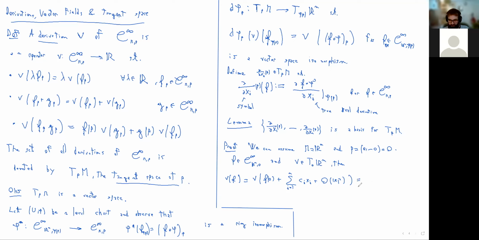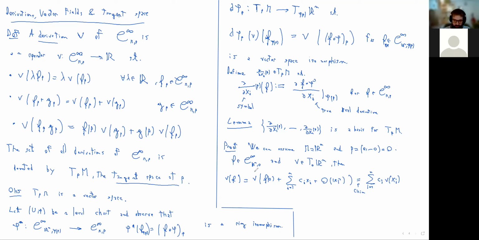And the claim here is that the result is just the same linear combination, so c_j times V of x_j. Because these x_j, you can think of them as coordinates, but you can also think of them as functions, in the sense that you take the n-tuple x_1 to x_n, and to that you associate x_j. Since they are functions, particularly germs of functions at 0, we can apply a derivation to them.